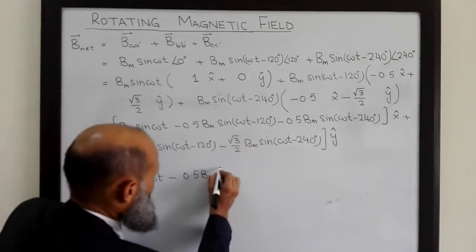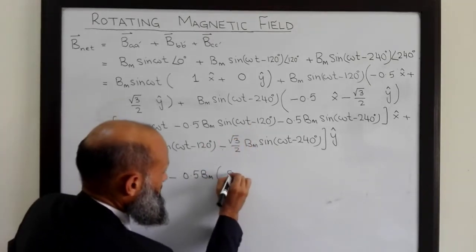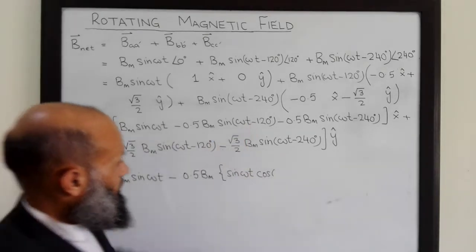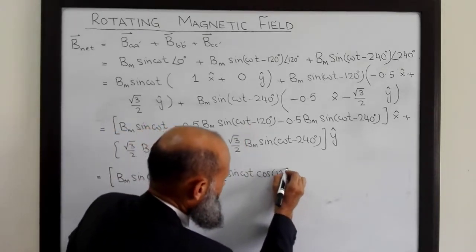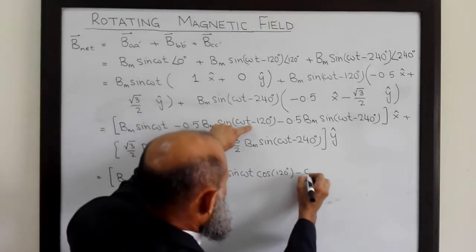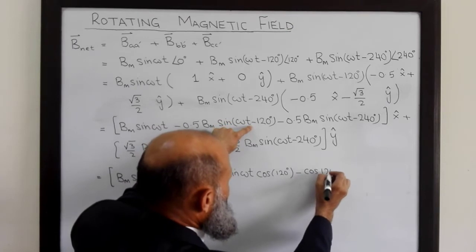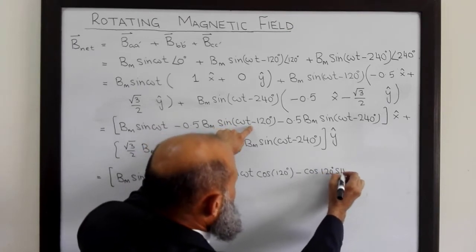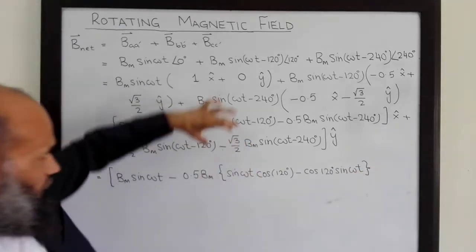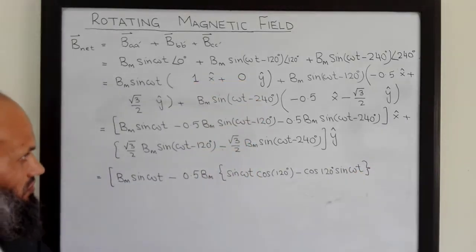This is equal to sine omega t into cosine of 120 degrees minus cosine of 120 degrees into sine of omega t. We have expanded this term.